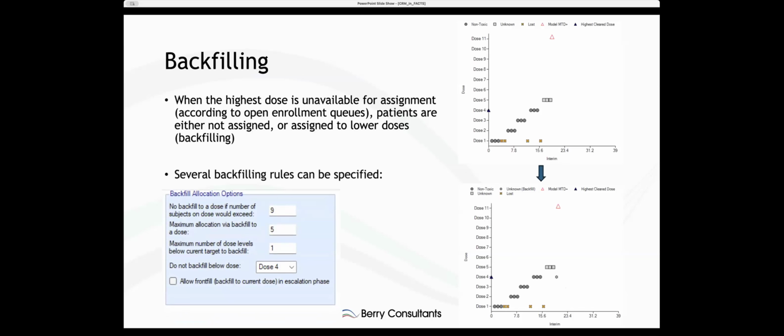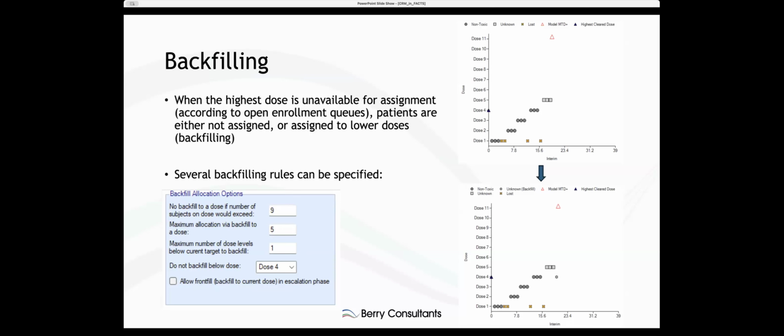Of course, with backfill, it isn't just a simple matter of saying, well, we do backfill or we don't do backfill. There are, again, certain rules that we have to specify. So we have to specify a maximum number of patients that we want to backfill, because if we have a budget of, say, 60 patients, we might not want to spend more than 20 of those on backfill doses and keep the rest for actual escalation.